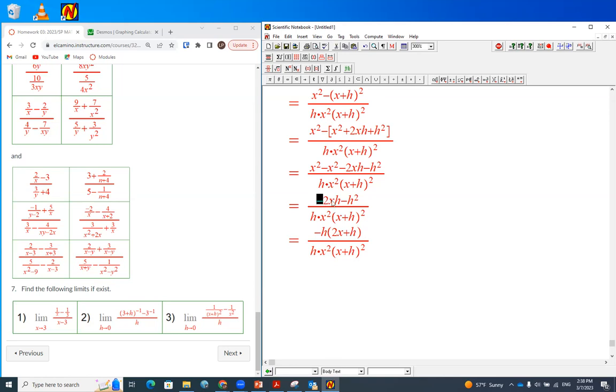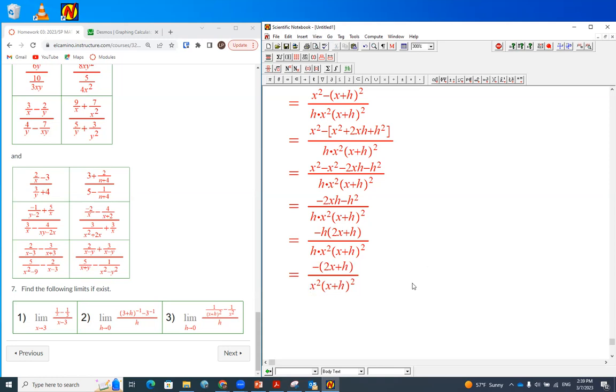So negative h is out, and minus h times h, so negative h is out. So we have 2x plus h. You can check it by distributing negative h times 2x, and you should go back to where you came from. Next we can reduce the h. This h is gone, and this h is gone.